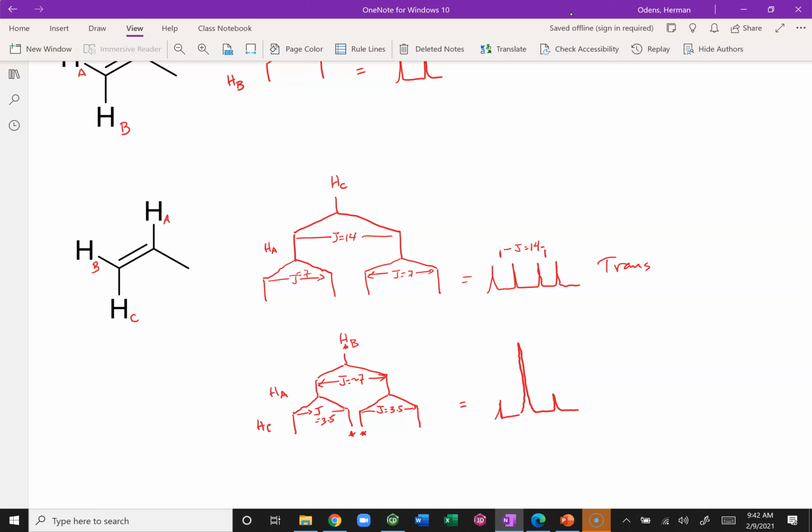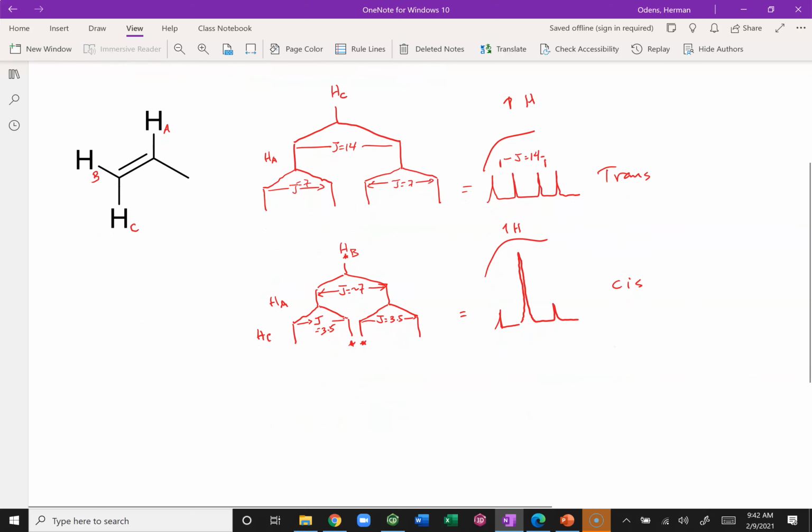This will integrate for 1 hydrogen, and the integration for this will integrate also for 1 hydrogen. And so this will be a cis. This will be your cis signal from HB to HA.